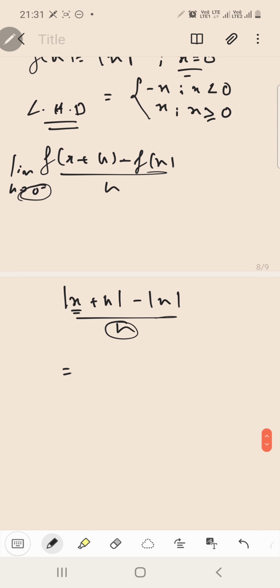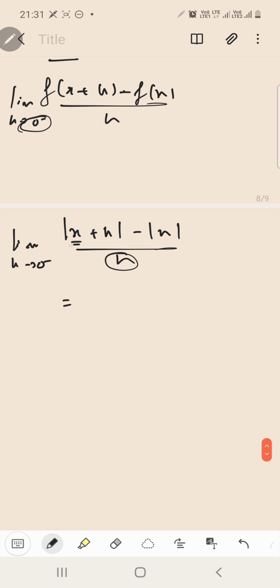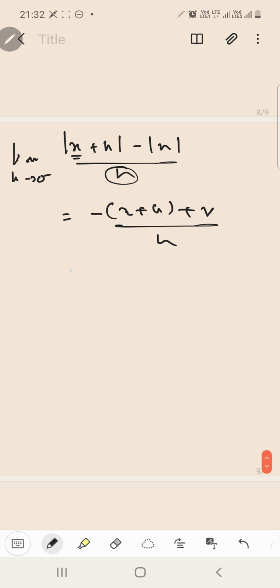So if we are finding the left hand derivative, then mod of x plus h becomes minus of x plus h, plus x over h. Sorry, this gives you minus h over h, which is minus 1.